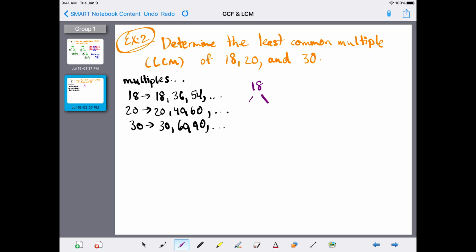So 18 breaks up into 9 times 2, 3 times 3. So I'm just going to go through this. You should be pretty comfortable with doing this now. If you're not, you can pause the video and try it on your own.